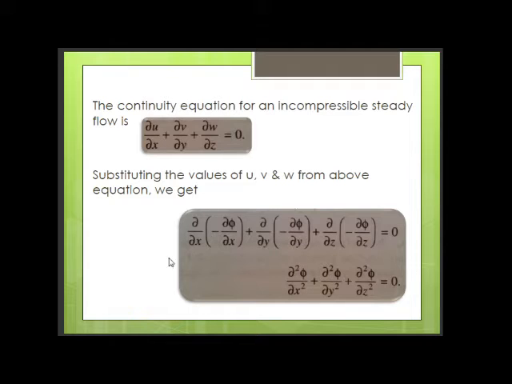After multiplying these, we get the final equation: dou square phi upon dou x square plus dou square phi upon dou y square plus dou square phi upon dou z square is equal to 0. This is called the Laplace equation, and when it is satisfied, the flow is called a steady incompressible flow.